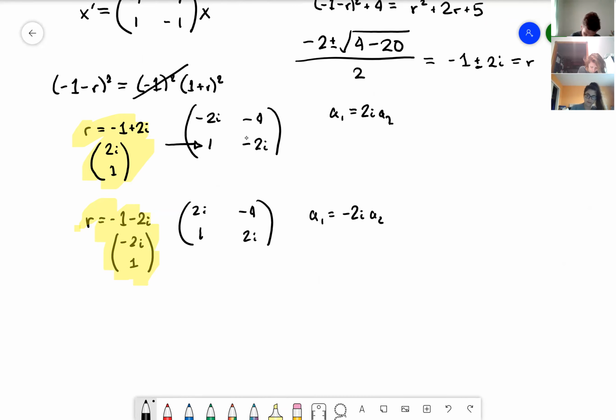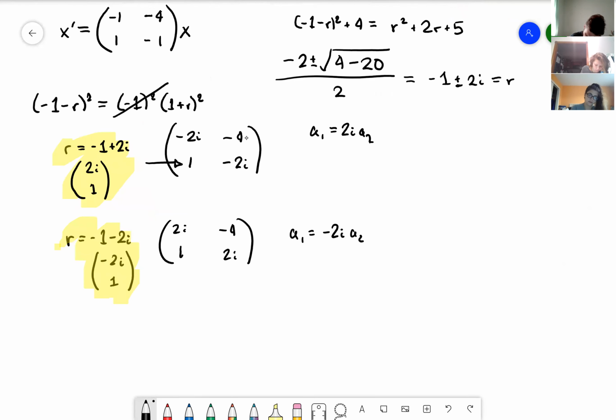The solutions that we would get from this are x1 of t is equal to, I'm going to call it x hat because later on we're going to be using x.